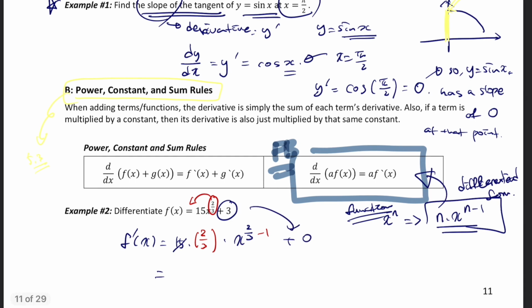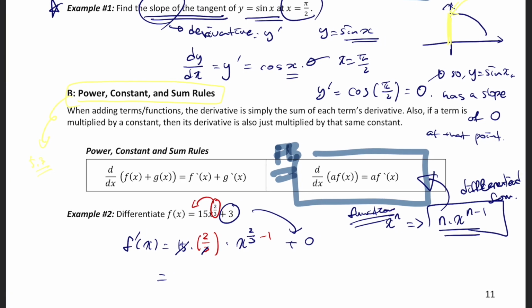So this is the same as 10 times x to the power of negative 1 over 3. We are going to leave our answer in this format because we don't like to have radicals in the denominator of our answer.